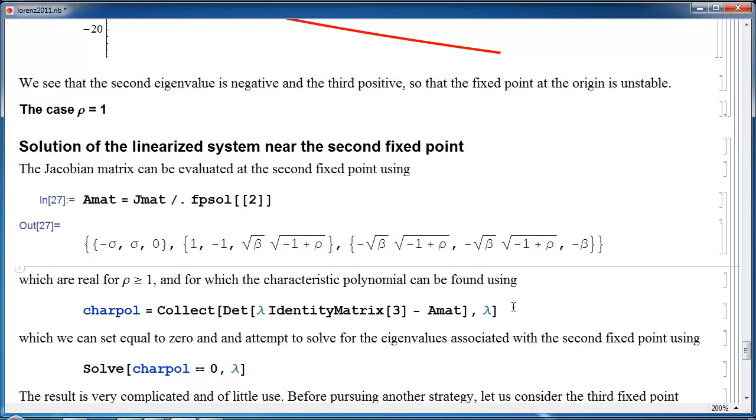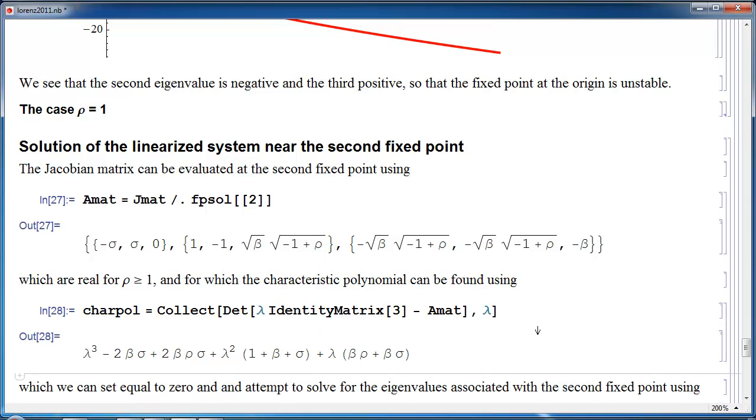For that we can calculate this characteristic polynomial, which was the condition we had that the equations had a non-trivial solution, using this, and we again see that this is a cubic equation for lambda, a little bit more complicated than the one before.